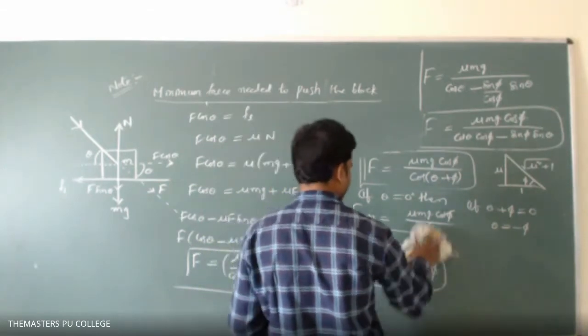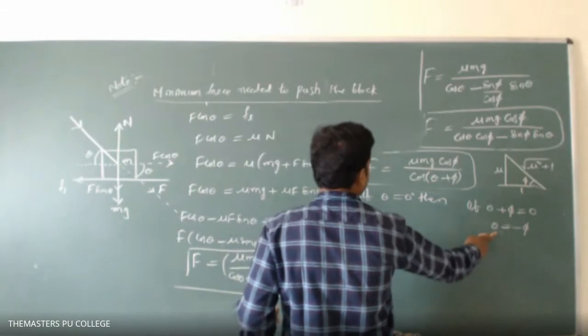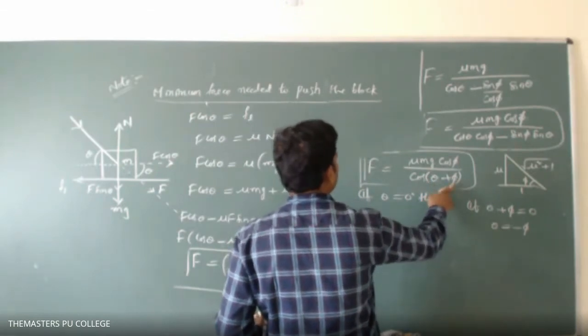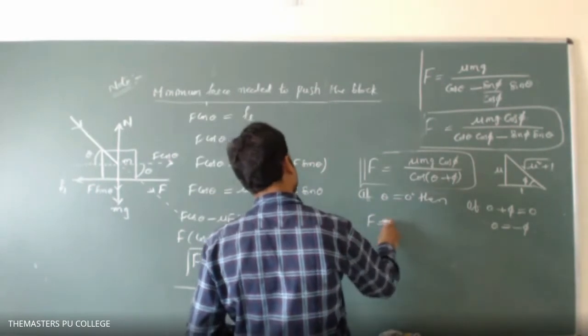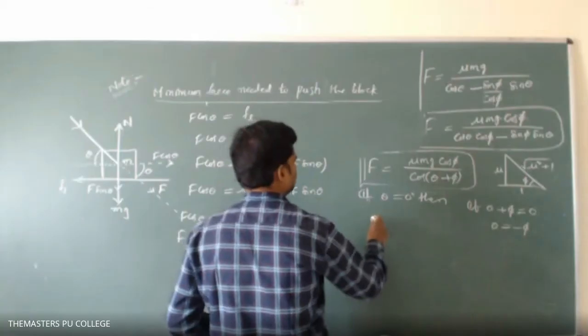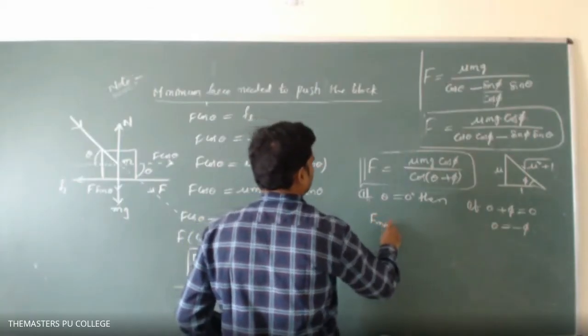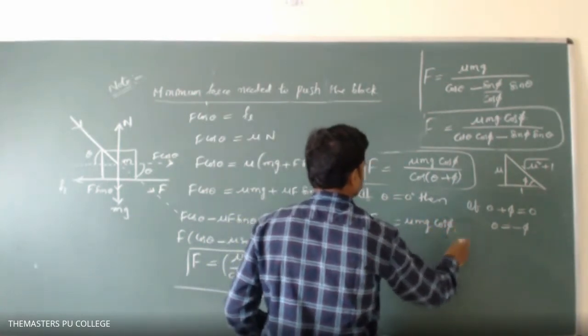That condition is correct. Theta is equal to minus phi plus phi. Then cos, tell me how much? You are getting mu mg cos phi, sir. Okay, carry on. Because the condition is correct.